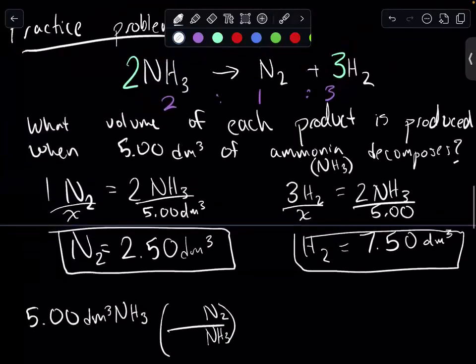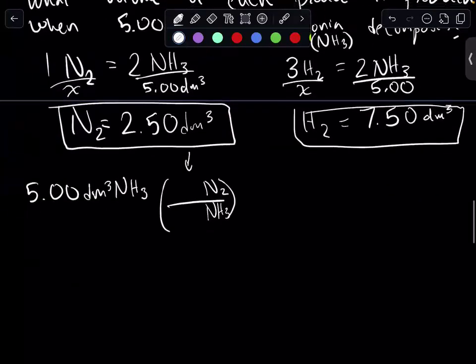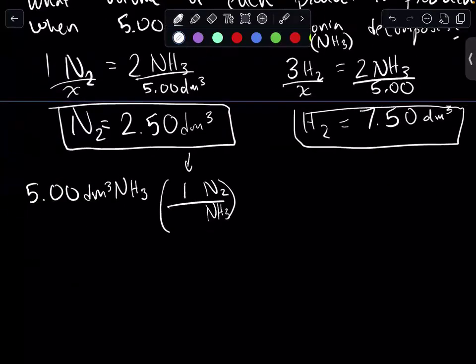Now, to figure out what goes in here, I use the ratios. So nitrogen has a ratio of 1, NH3 has a ratio of 2, and so NH3 is canceled out, decimeters cubed stays, and all I get is 5 over 2 decimeters cubed N2.